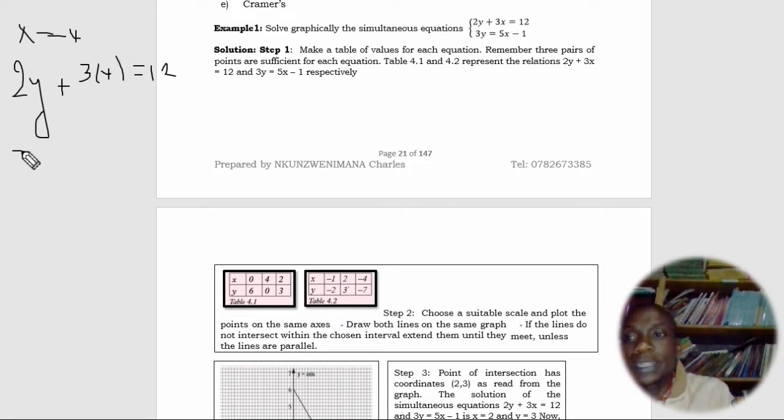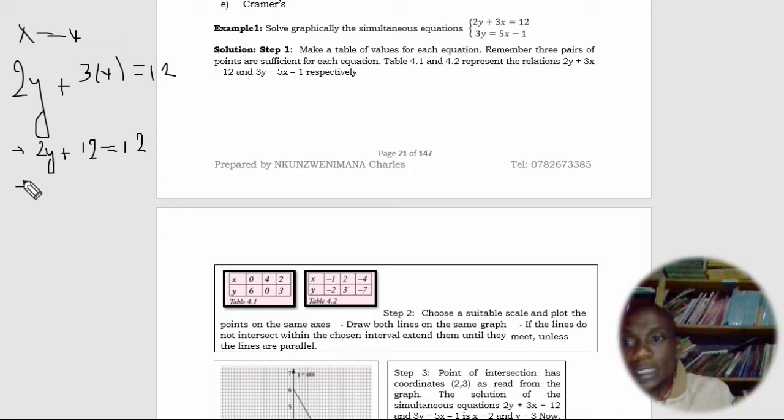And this implies 2y plus, now 3 times 4 equal 12, plus 12 equal 12.